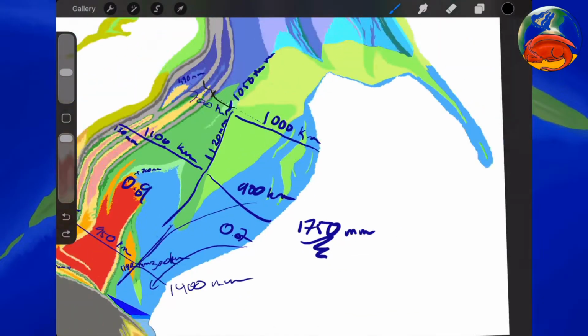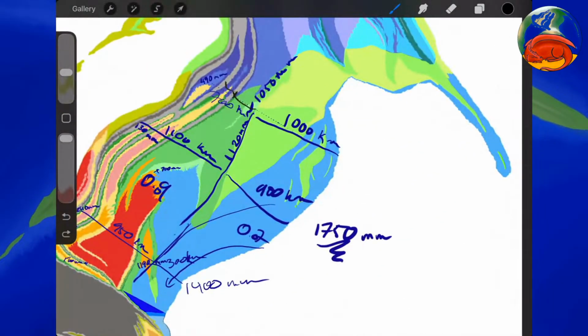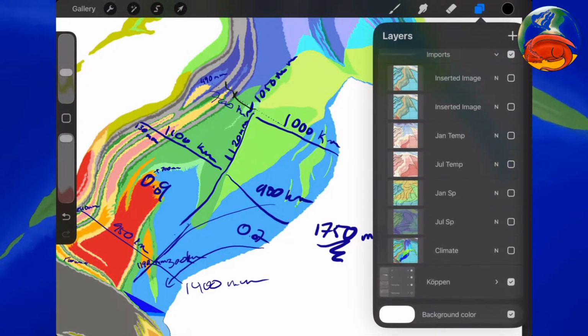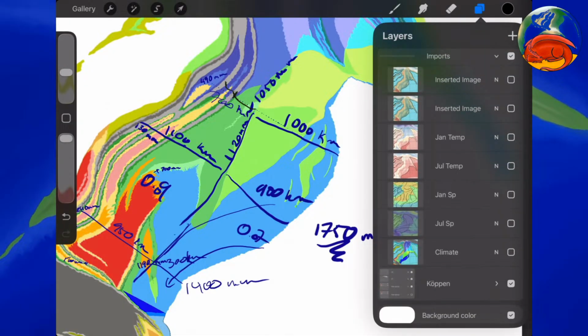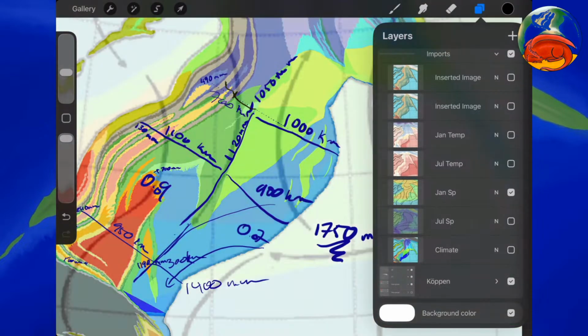And then what we're going to do is, based on the annual rainfall, we are going to look at what it's like in the summer, and we're going to look at winter.